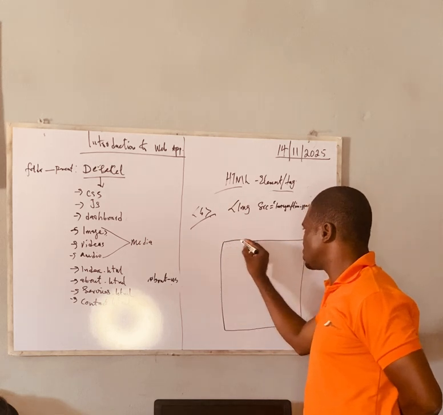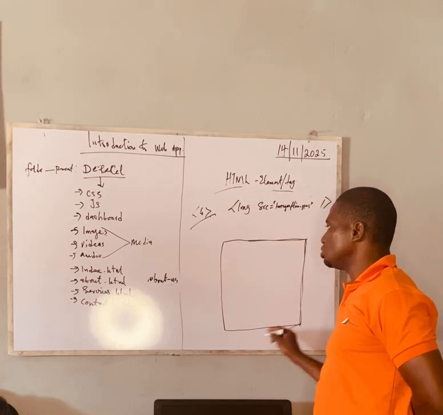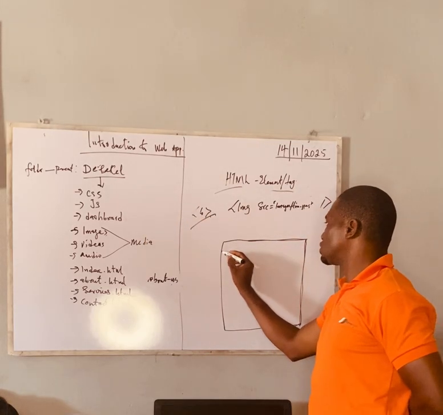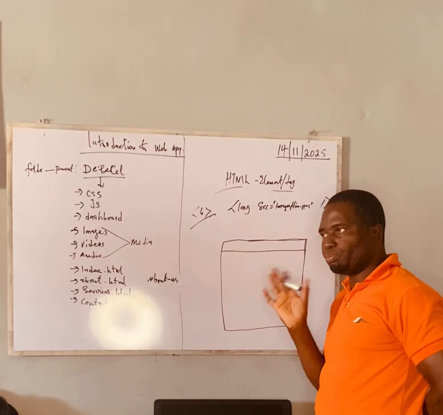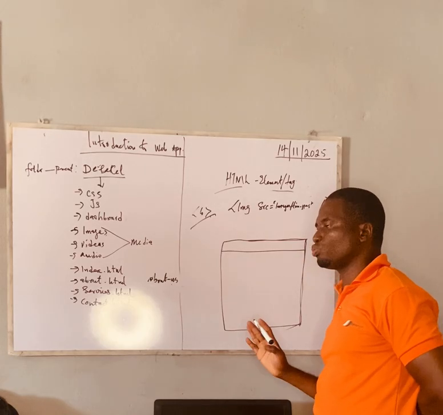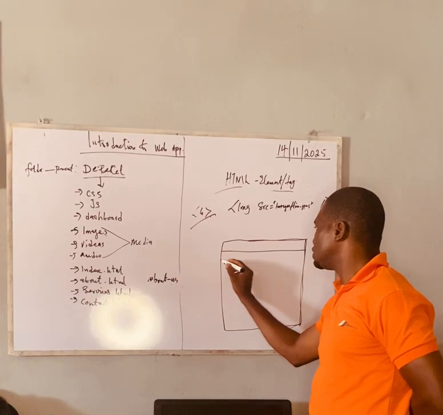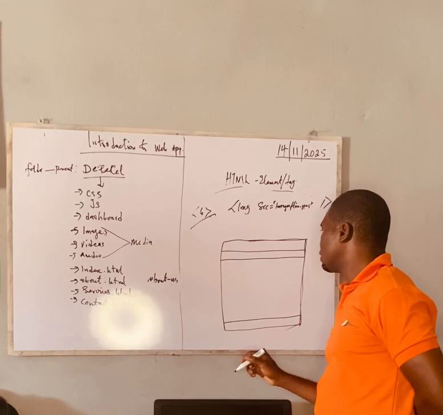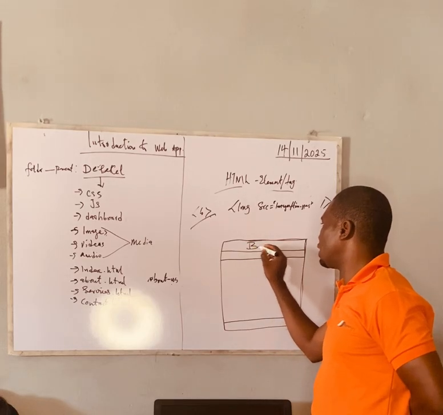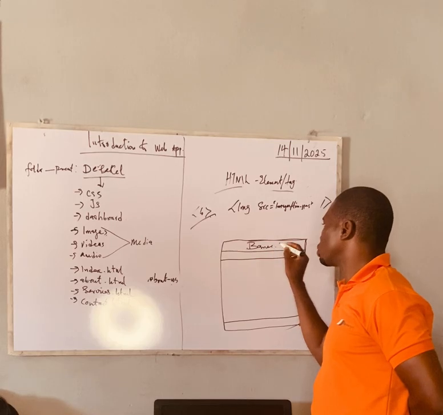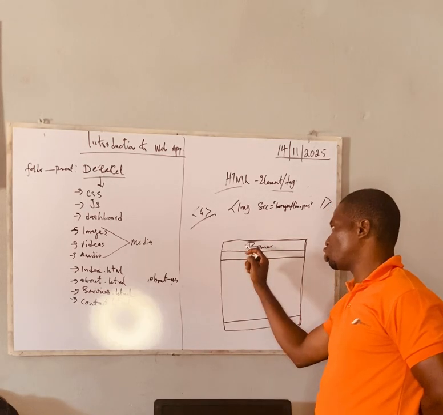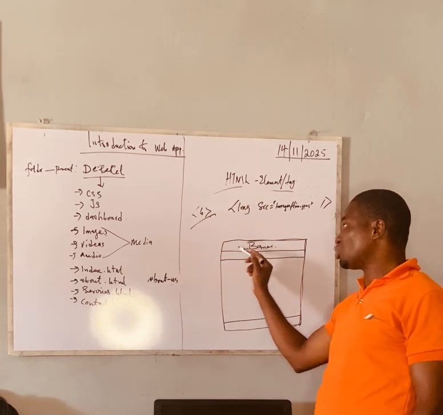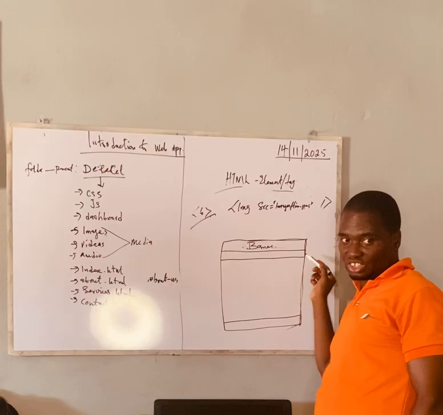You have an assignment to do. First, you make sure your folder is arranged like this. Then you design something like this for me. Don't beautify it. Just use pure HTML and achieve it. Here is the banner. You can decide to put it as H1 to make it bold, or you can use an image and put it as a banner.